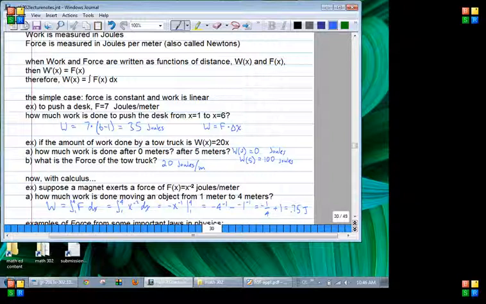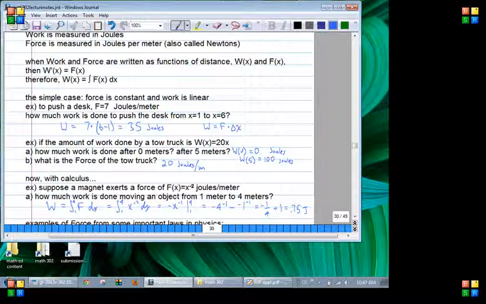So in this problem, I gave you the force function, and I just made up something that I liked. It turns out that in a lot of different situations, the force function follows some kind of special rule. And I'm going to show you some of those. Now, before I do this, I just want you to know this is not a physics class.